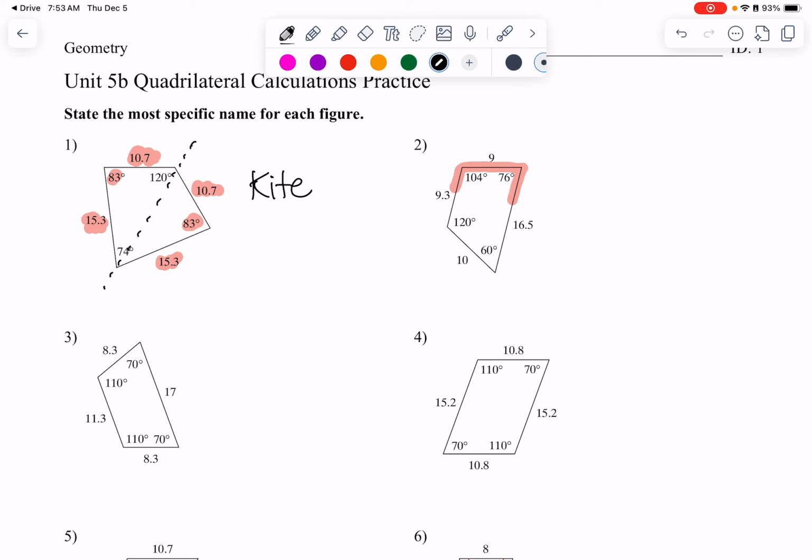And whenever we see a U-turn or two angles that add up to 180, that means we're going to have parallel lines. So those two lines are parallel, and when you have one pair of parallel lines, not two, but just one, we call that a trapezoid.